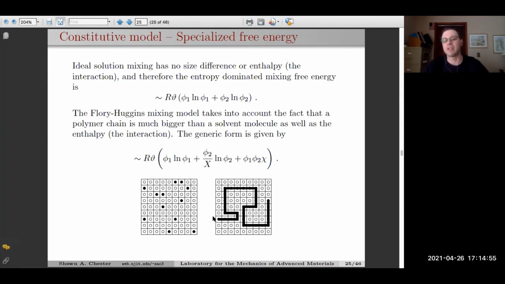Flory-Huggins does two things. It realizes that the polymer chain is actually a pretty big chain. It's not just some dots. So the polymer chain is much larger than the solvent molecules. And it also takes into account the interaction between the two. Right. So just as a general idea, that's why we chose the Flory-Huggins and not regular ideal mixing.